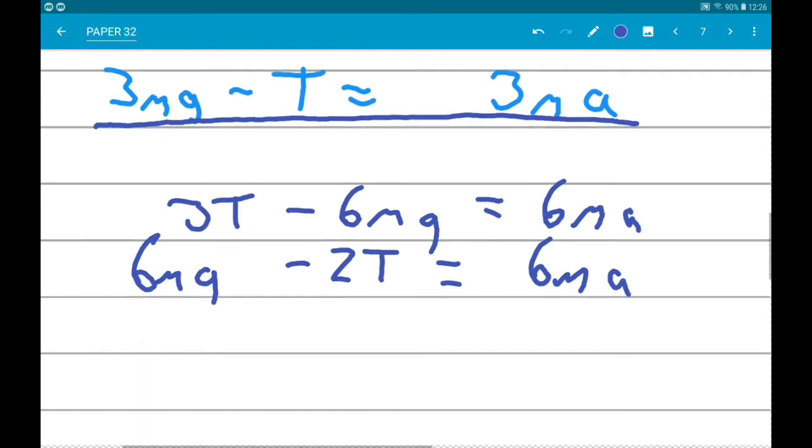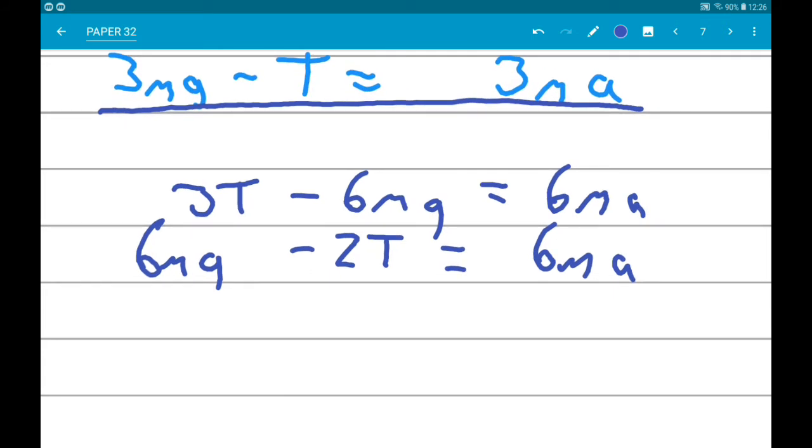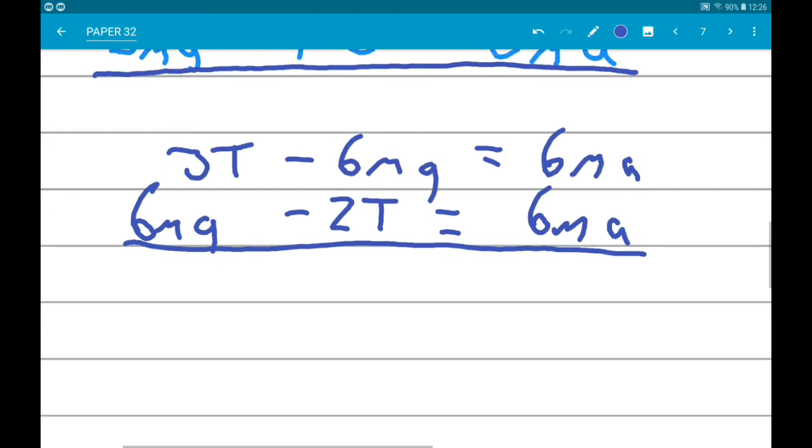Now we need to get rid of the a's, so let's do the top minus the bottom. 3T minus 2T is 5T, and then minus 6mg minus 6mg is minus 12mg, and we get 0 on the right.